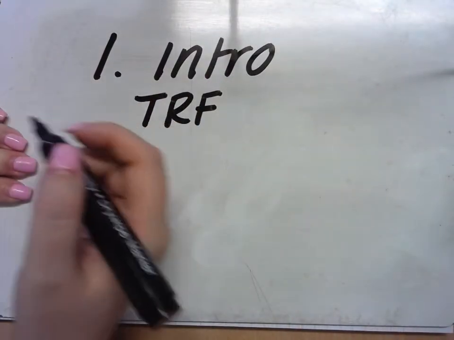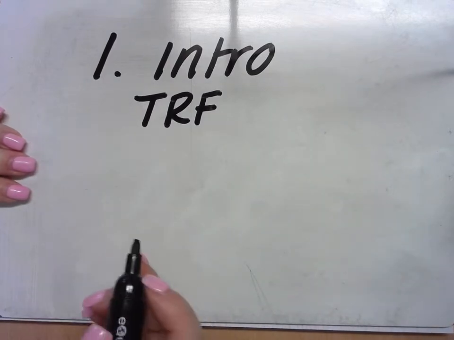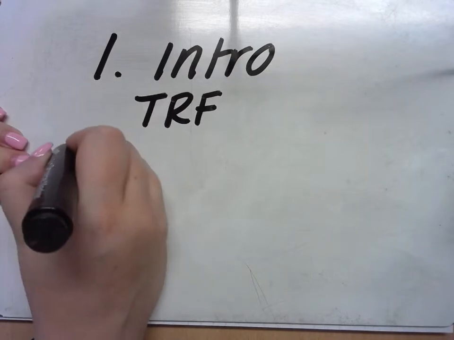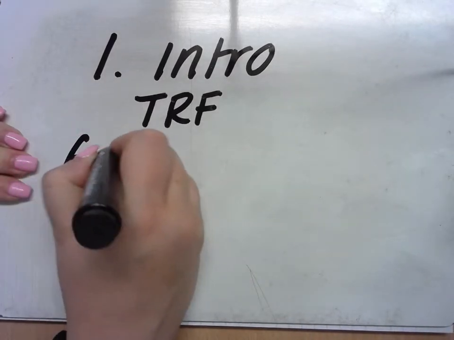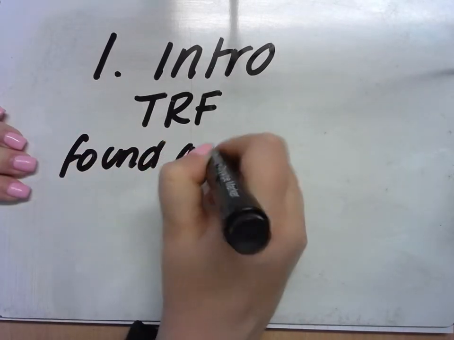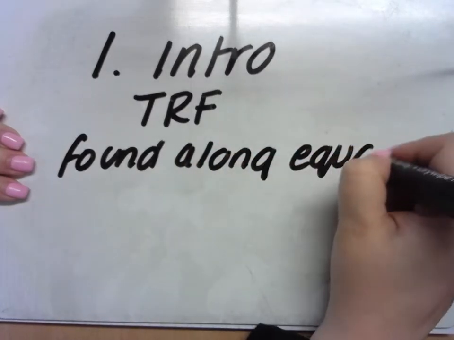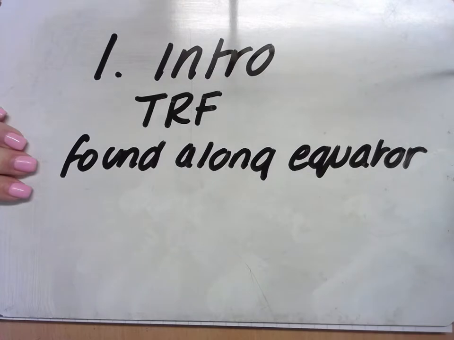Now, I'm hoping this is going to be fairly straightforward for you because we've done a lot on the tropical rainforest, but in terms of location, it's found along the equator. So if you're going to talk about the tropical rainforest and you're going to locate it, it's found along the equator. Okay?